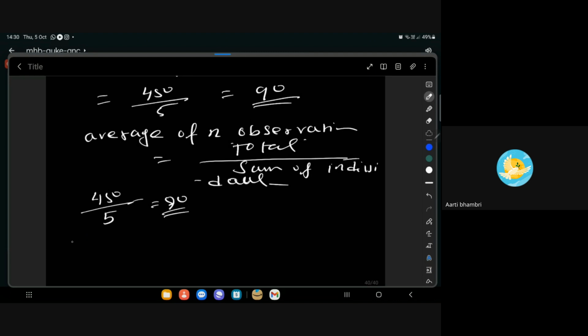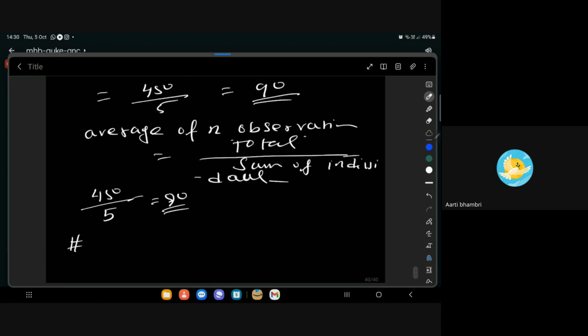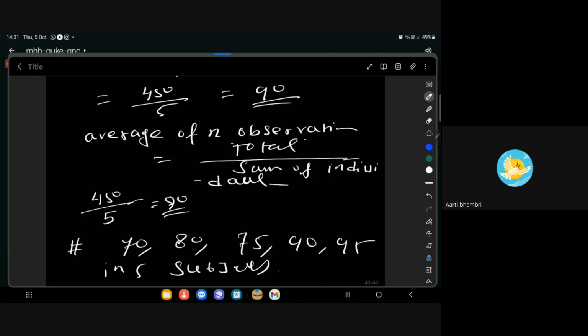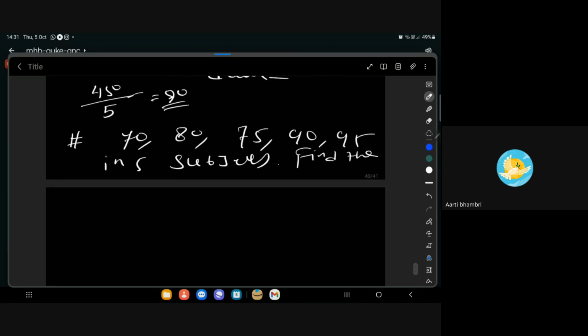So suppose a small question: a student is scoring 70, then 80, then 75, 90, then 95 in 5 subjects. Find the average. How to calculate?